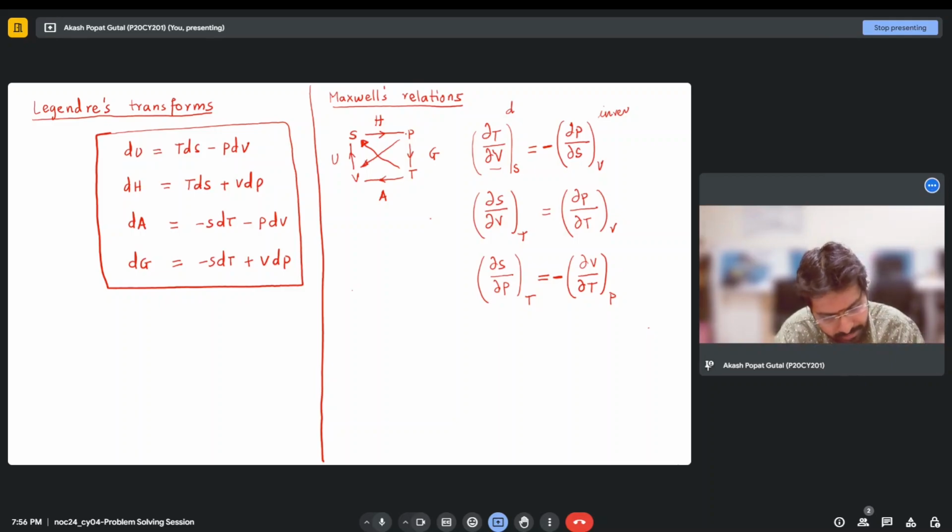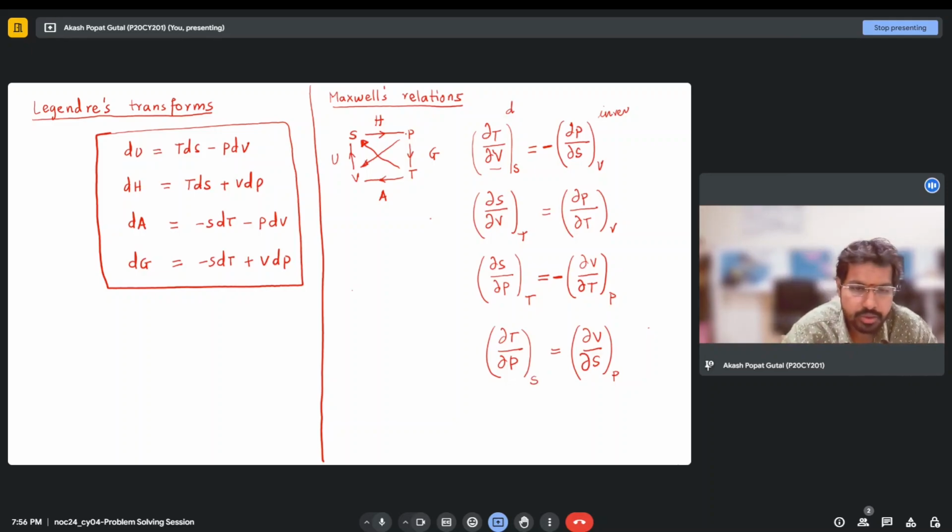Similarly, we can write the last equation del T by del P is counterpart del V by del S at constant pressure and entropy. You can check here also. T and P are directly proportional.